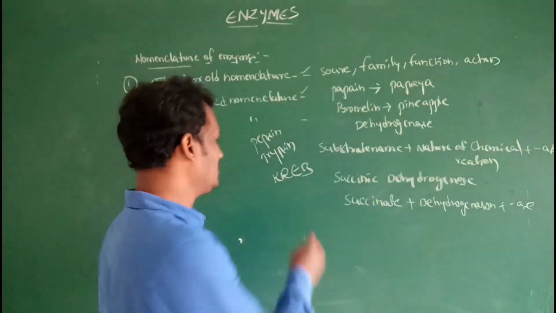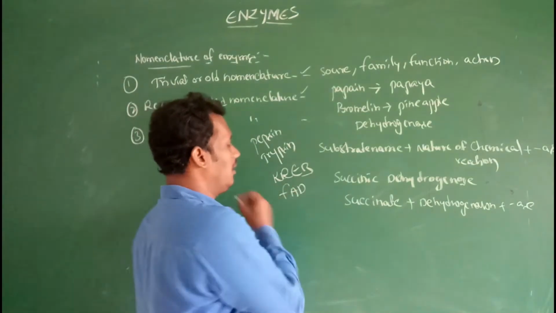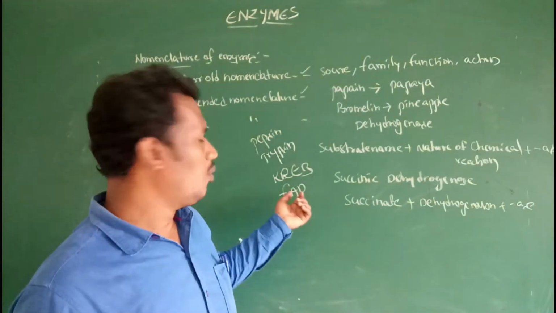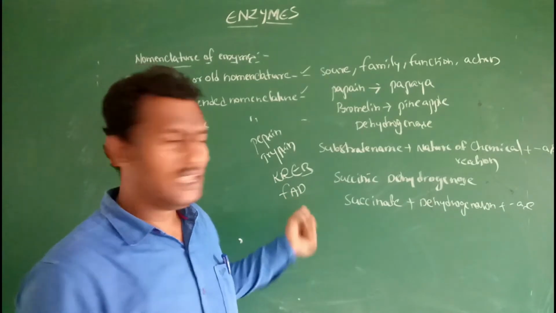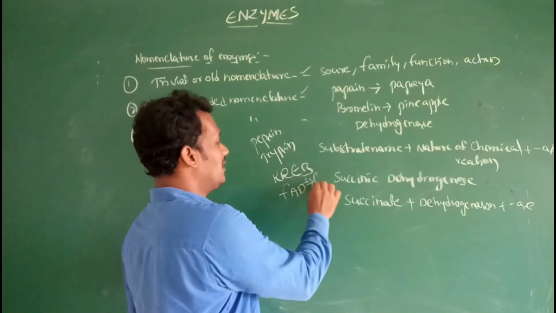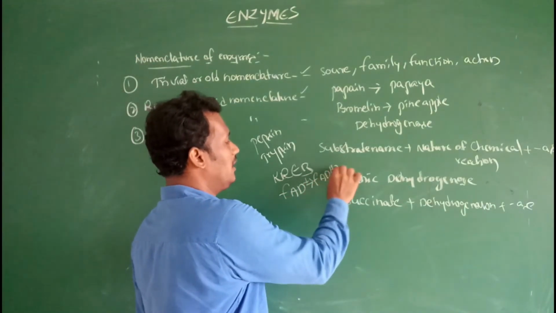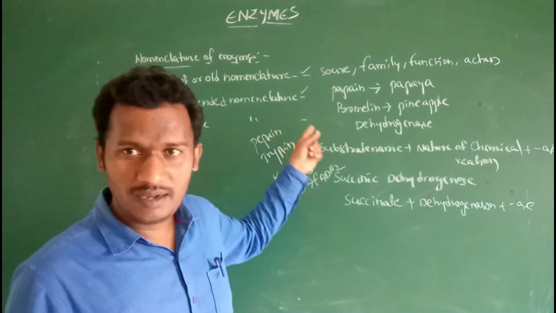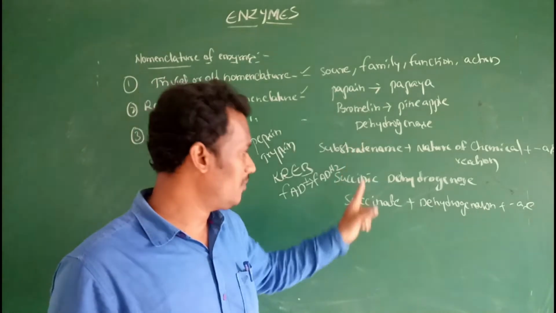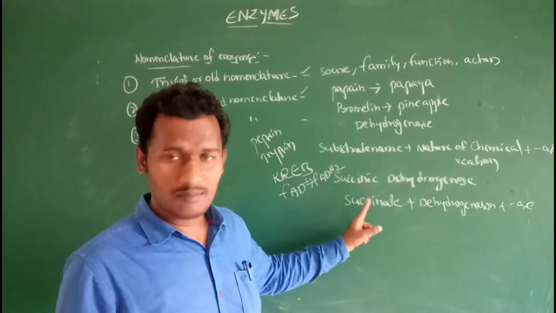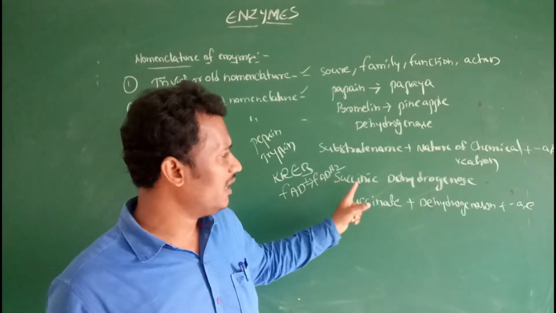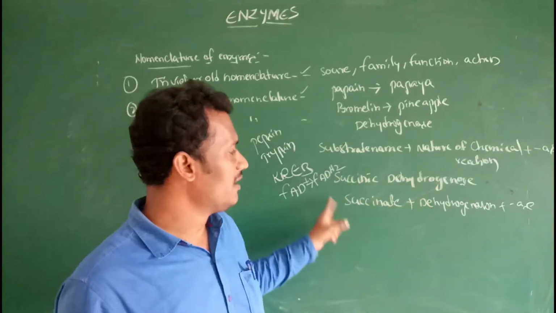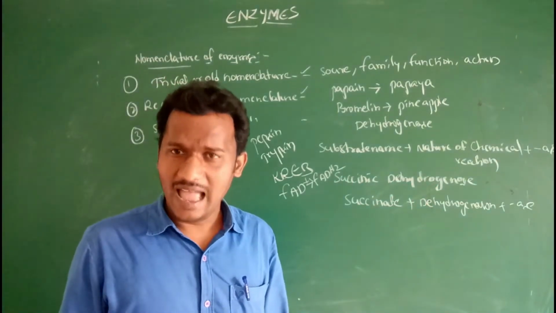These hydrogens are transferred to reduce the coenzyme FAD plus, so FAD plus is converted into FADH2. So according to recommended nomenclature, each enzyme name contains the substrate name, for example in succinic dehydrogenase, succinate, succinic acid.